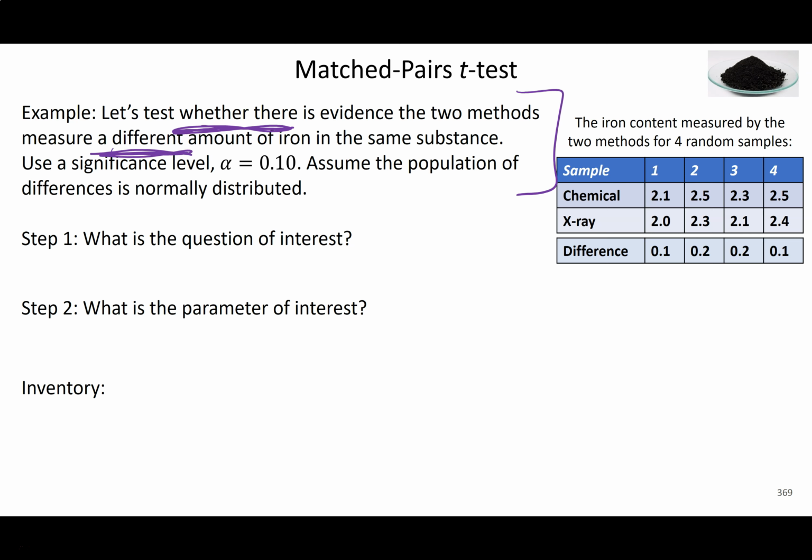So I don't necessarily suspect one or the other is higher or lower. I just want to know if they're different. Because remember, you don't look at the sample before you write your question of interest and your hypotheses. We are going to use a significance level of 0.10. Assume the population of differences is normally distributed. That's what we needed. I'm not sure why it wasn't written earlier, but we needed it.